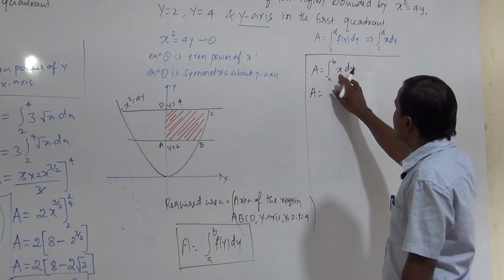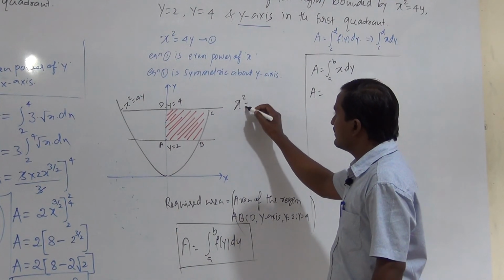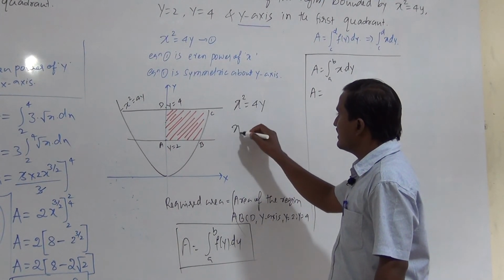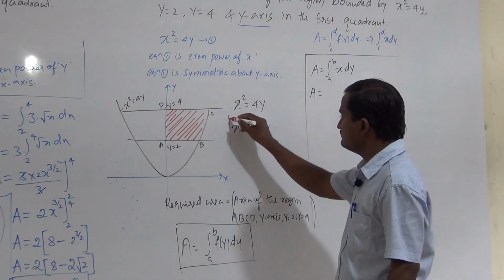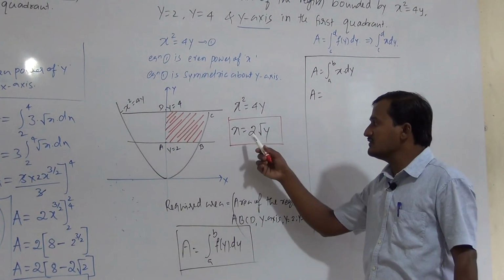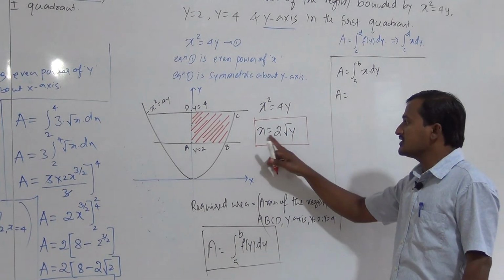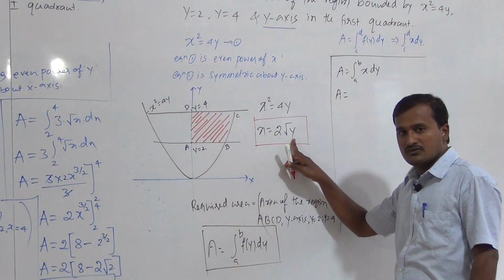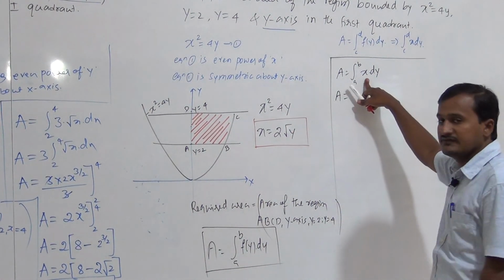What is the value of x? Here what they gave is x square equal to 4y, which means x equal to 2 root y. Taking root on both sides, x equal to 2 root y, right? So therefore I will substitute the value of x in this equation.